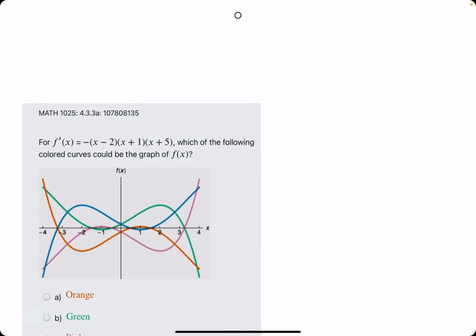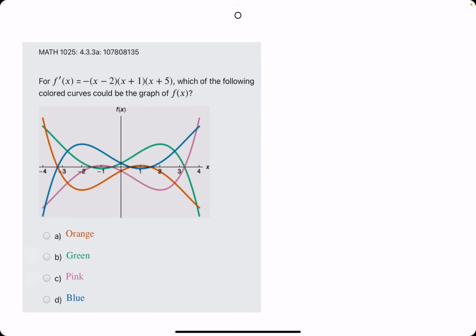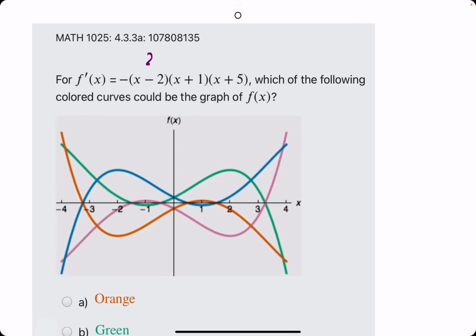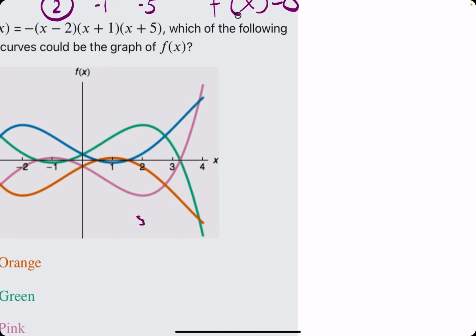So let's go ahead and do two more examples real quick. I want to say this one is actually the exact same except for the graphs here. So x equals 2, -1, and -5 make f prime equal to 0. So just starting by looking at x equals 2 again.